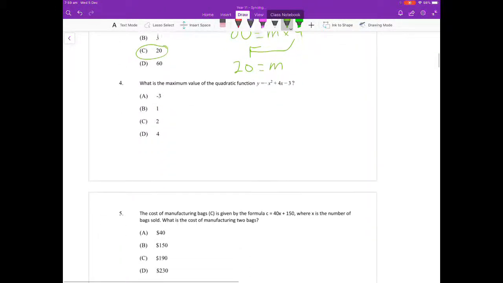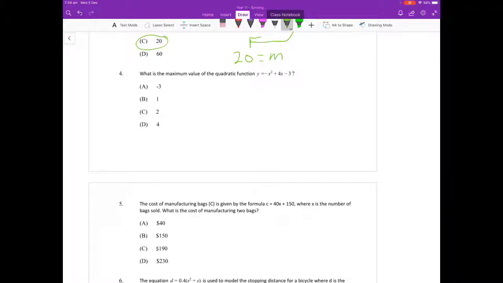Maximum value for the quadratic function. Let's go with the Byron method. Props to Byron. Throw out some numbers, see what happens. Let's choose some random ones, see where we end up.